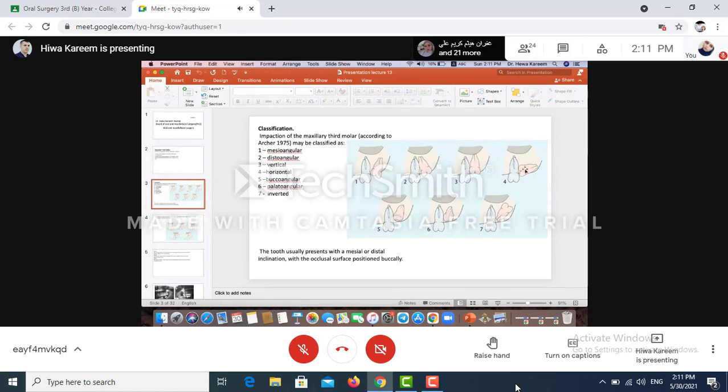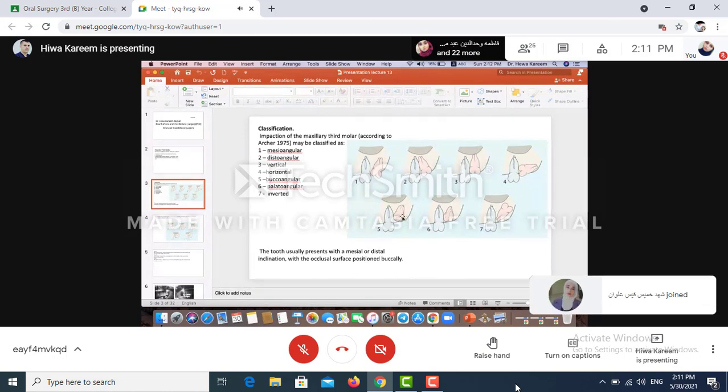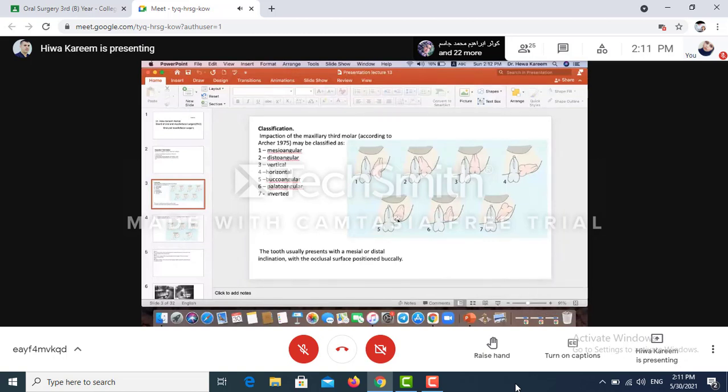This is horizontal. Other classification, buccoangular, meaning the crown of the impacted third molar faces the buccal bone and the root faces palatally, like this.